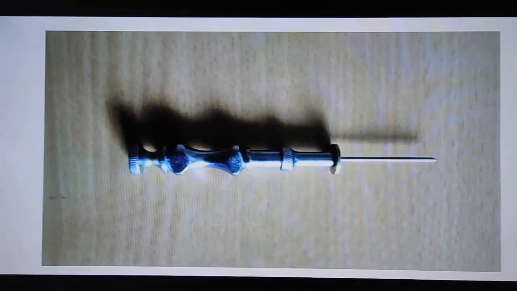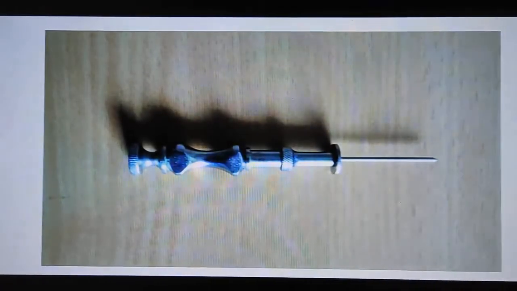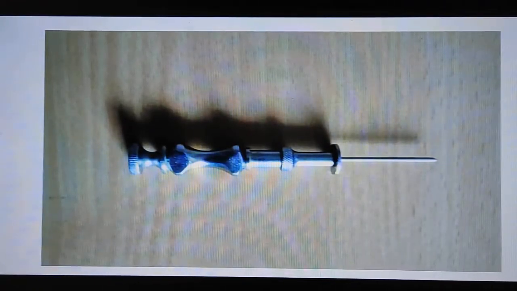This is bone marrow aspiration needle. You can see the side screw. So this is Salah's type of bone marrow aspiration needle. This is another type of bone marrow aspiration needle. This is Klima's needle.